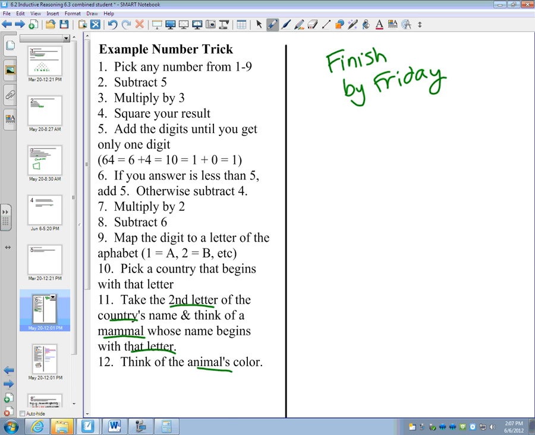For instance, if I chose the country Canada, I could do aardvark because A is right after that. And Mrs. Joe is going to guess all of your animals and your countries, and its color as well. So that's the trick that I hopefully will be able to figure out.